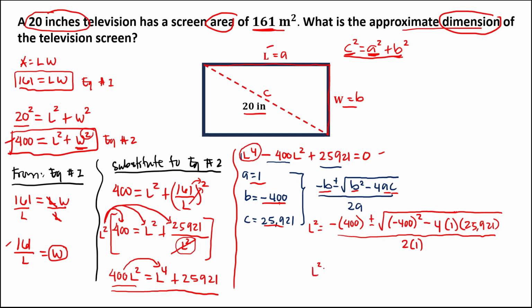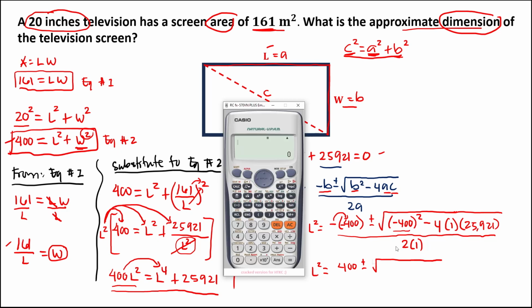So we have L to the power 2 equals, this one is negative 400, so negative times negative becomes positive, then plus minus the square root. For this negative 400 to the power 2, since this one is negative, we need to put it inside parentheses, so negative 400 to the power 2 is 160,000.